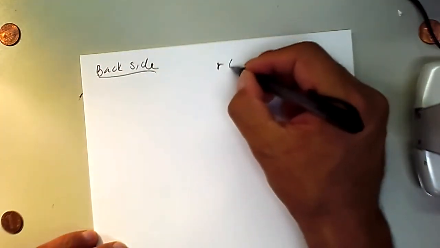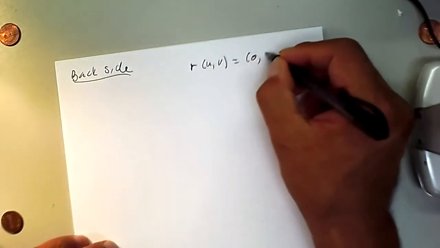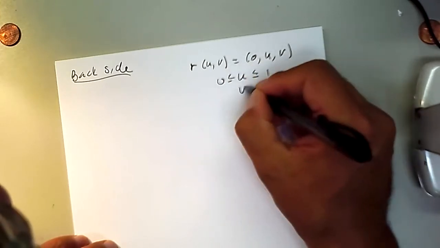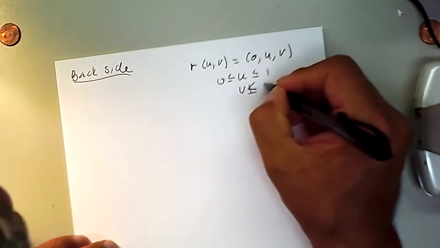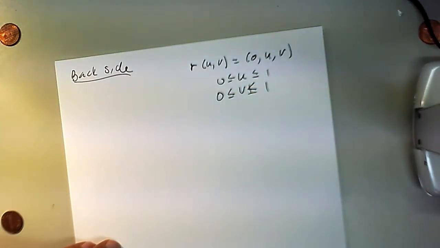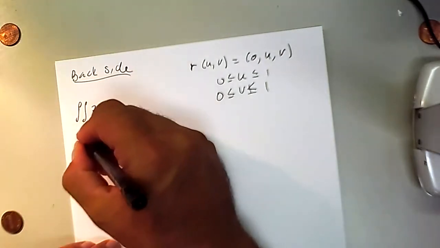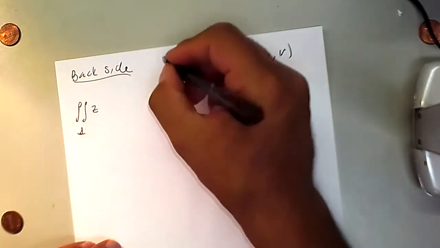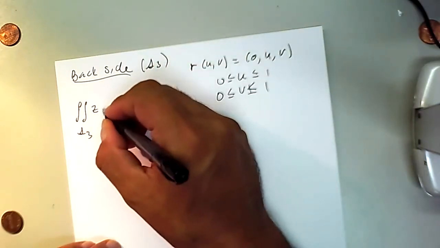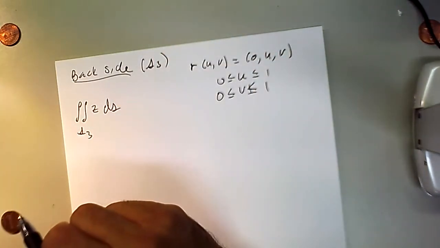So R(u,v) is equal to (0, u, v), and u will go from 0 to 1, and so does v. Okay, so we want the double integral of z, let's put it in general, and let's label this as S3, the back side, with respect to the surface.